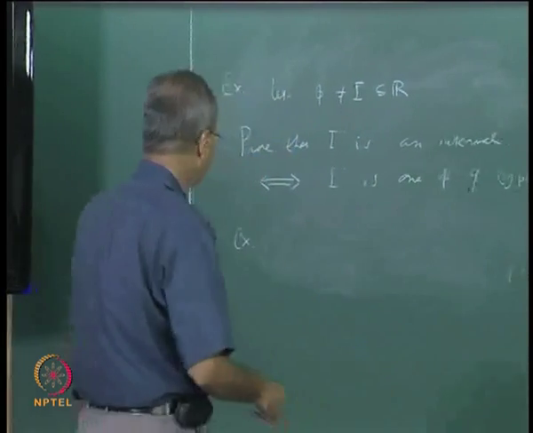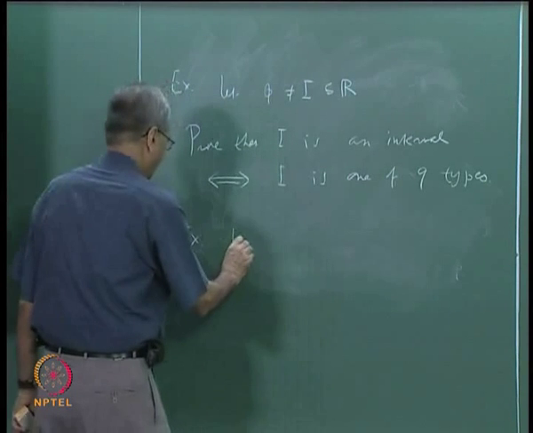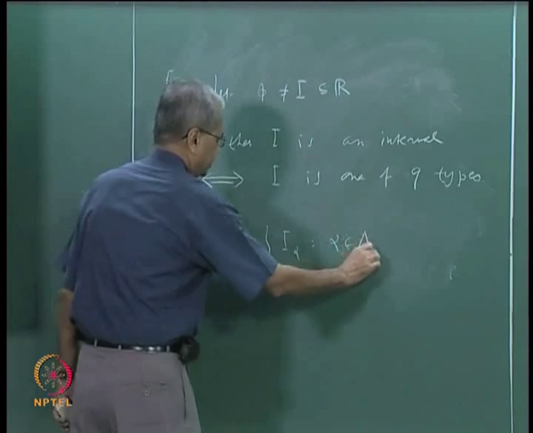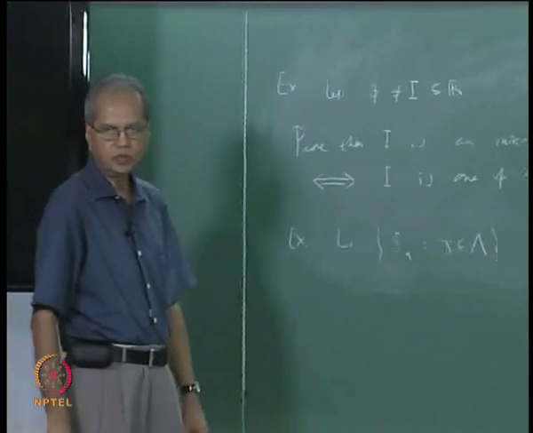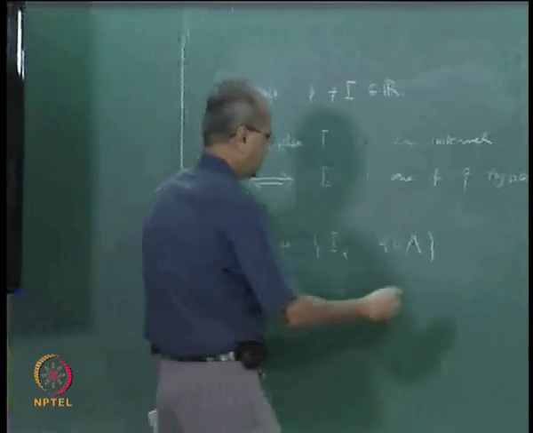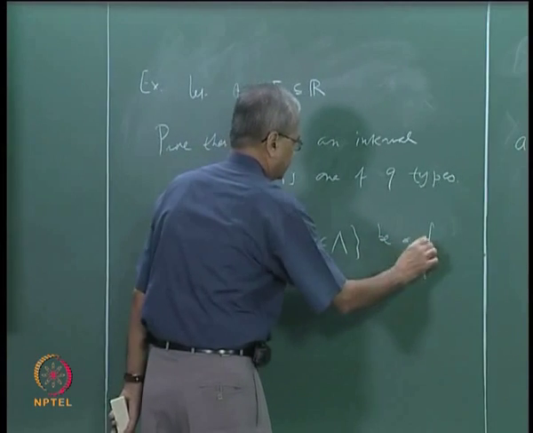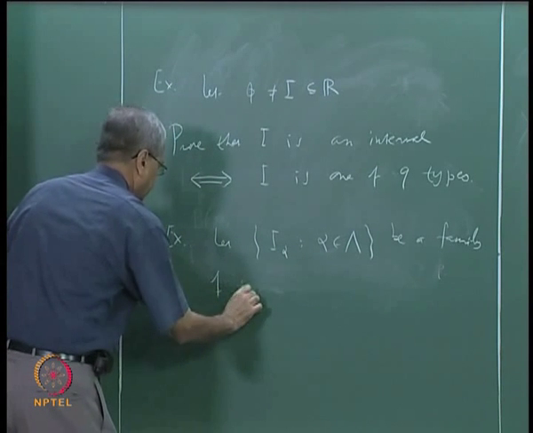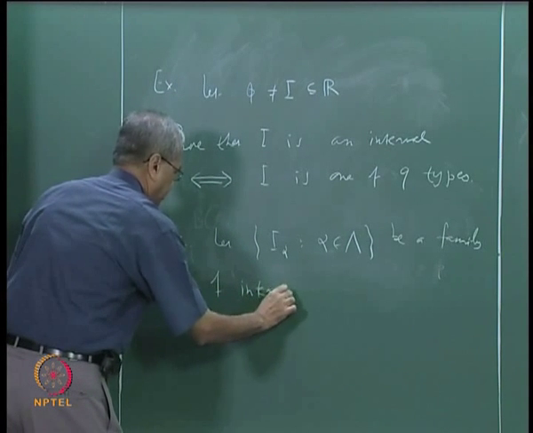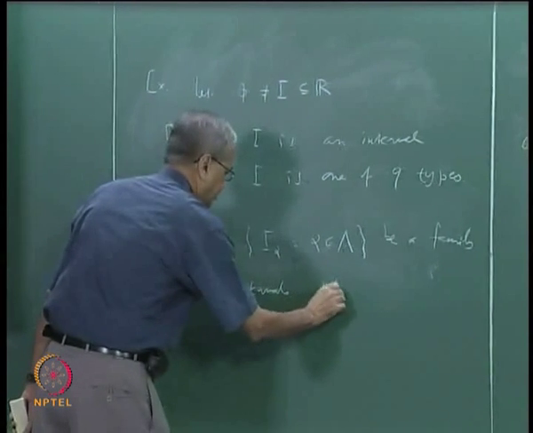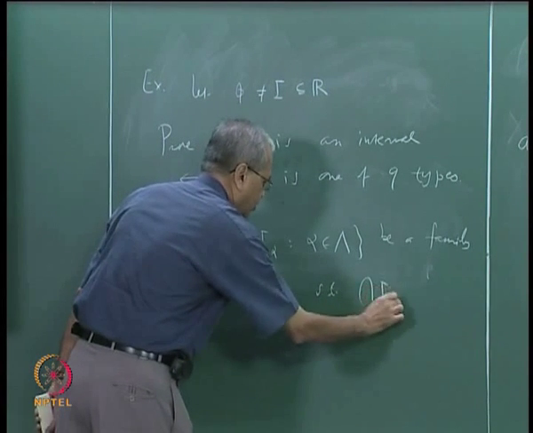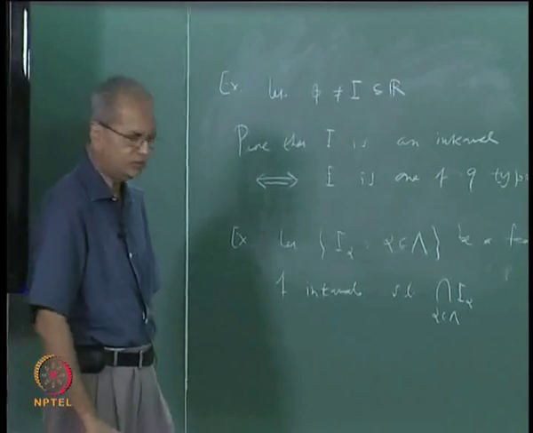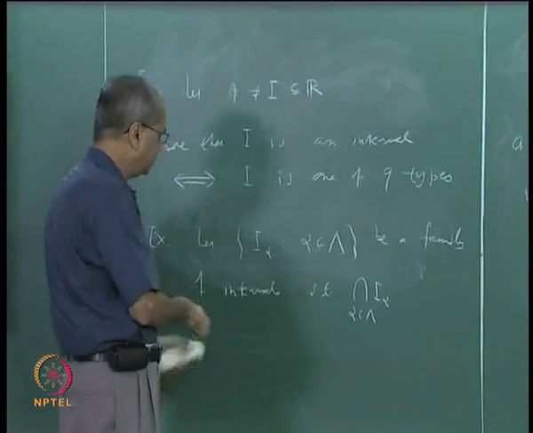Let us write in the usual format. Let I alpha, alpha belonging to some indexing set lambda, be a family of intervals such that the intersection over the whole family is non-empty. That is, there is at least one point which is common to all of them.